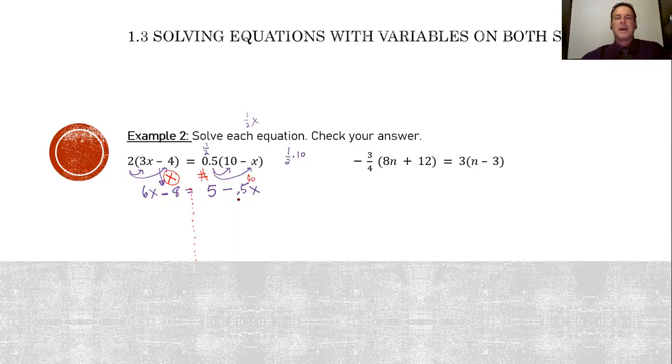All right, and so the opposite of subtract 0.5x is to add 0.5x. All right, and if I add 0.5x to one side, I have to do it to the next. Okay, and so that means that this guy comes straight down, and the subtract 8 will come down. And 6 plus a half is 6.5x.